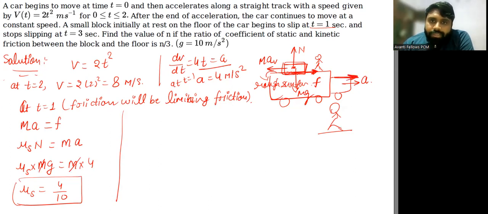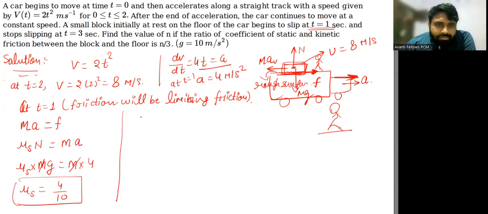So for that movement, this is initially moving with the same velocity, and the velocity up to what time? Up to t is equal to 1 second, because at 1 second it starts slipping. So initially the velocity of this block is v equal to 8 meter per second, and finally it will become 0 because of the kinetic friction.